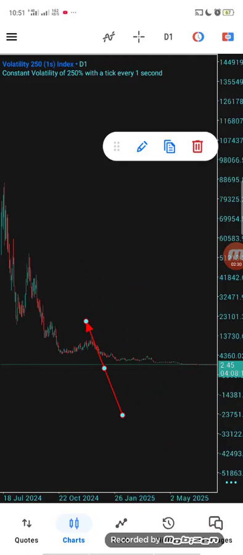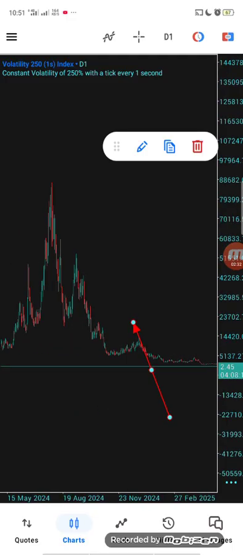From this point here, the market made a dip and went back with a higher high, a lower low, a higher low, a lower high, another lower low, breaking this previous low.